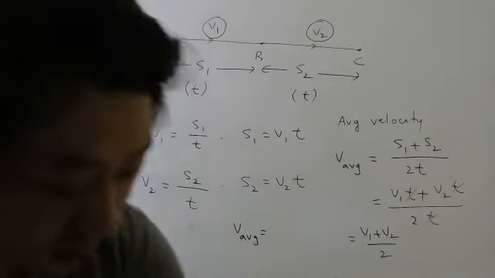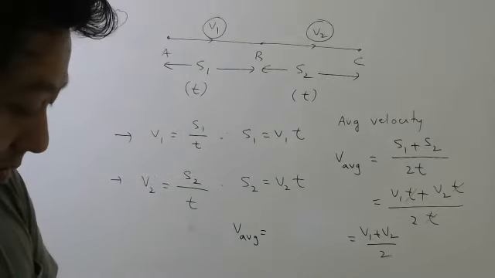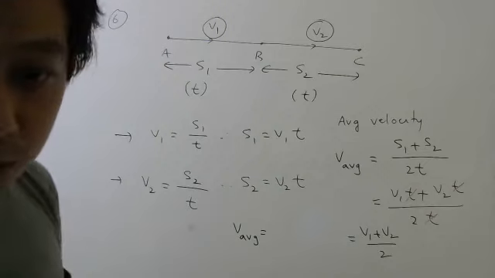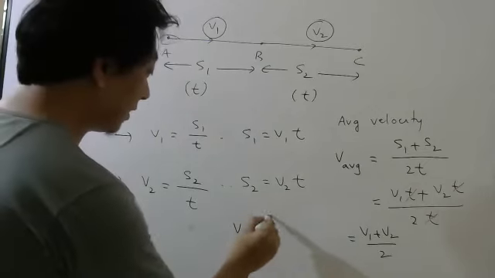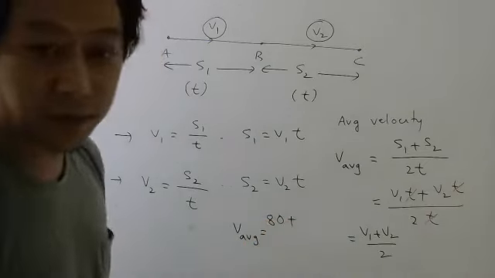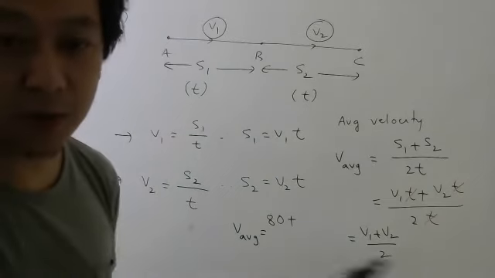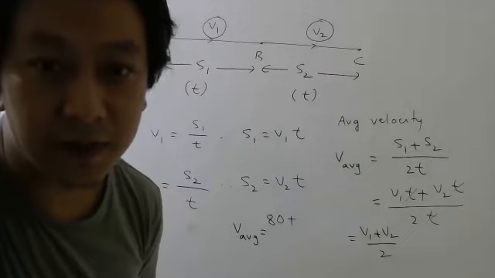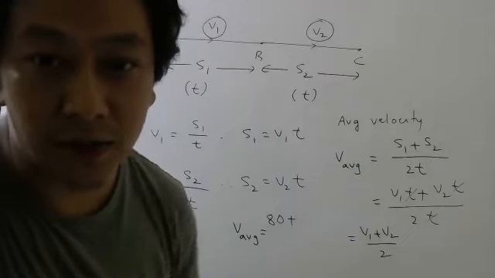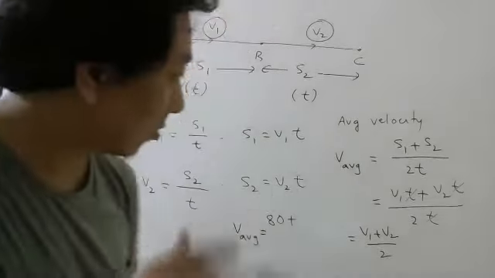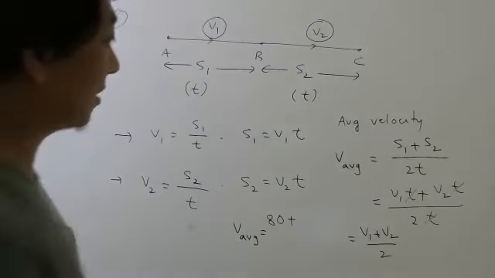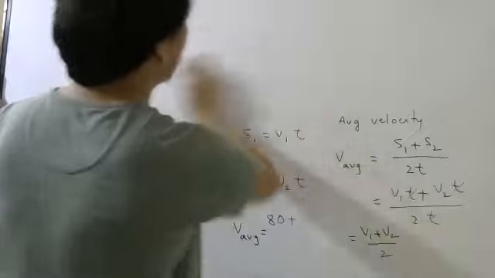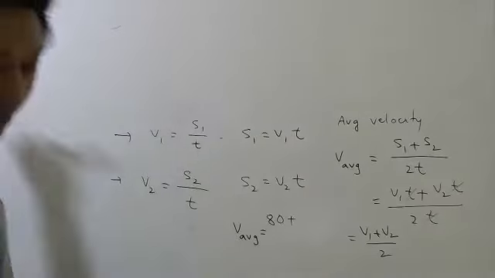What is the speed in the first interval? 80. Second one, what was the speed? Yeah, somebody has asked a question: how can you cancel T? Okay, T common, I'm saying common. Previously also I did, Abhigna. Look here.